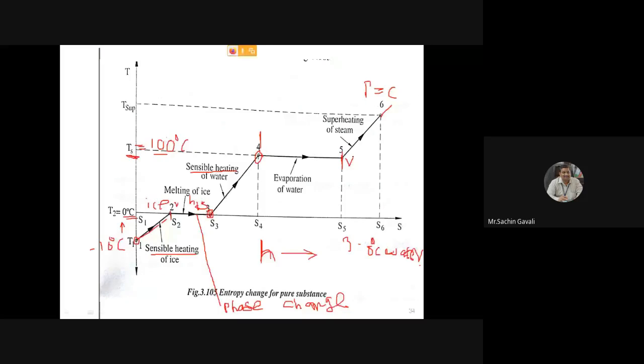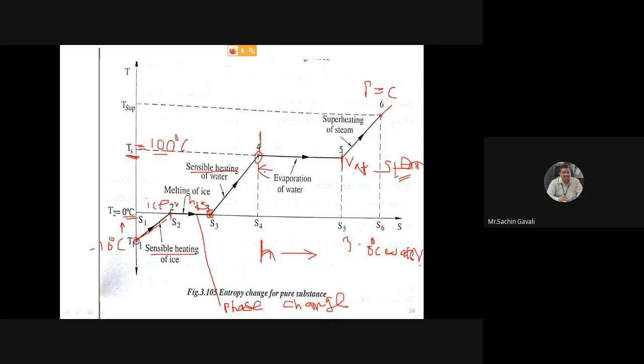It is called what? Vapor, or we can say steam. Vapor or steam. So this amount of heat is there.